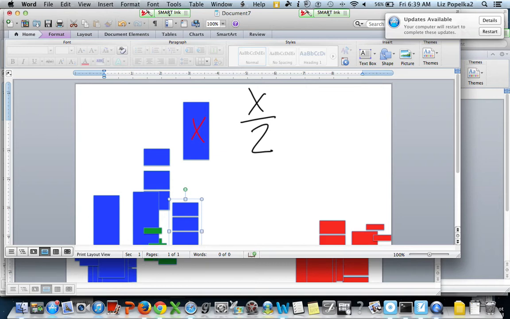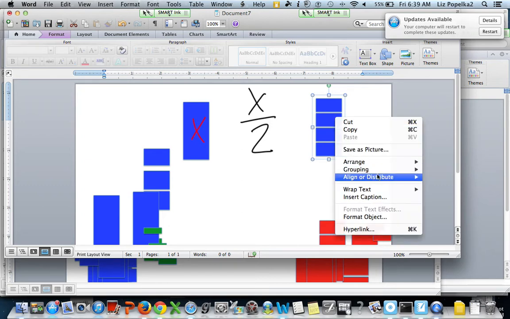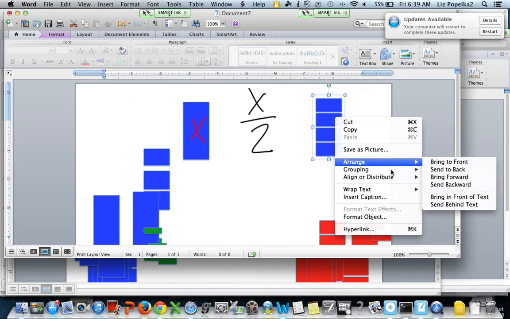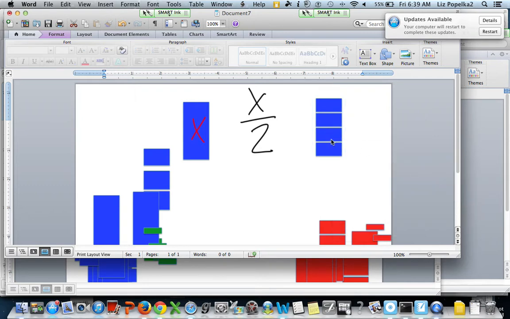I'm going to assume that you have an answer, so let's check it. I'm going to pull out of my basket this x. This is still a whole x because it's the same size and the same color as this x. But now I am going to take my scissors and I'm going to slice it in half.